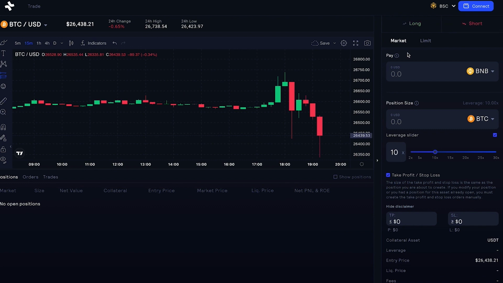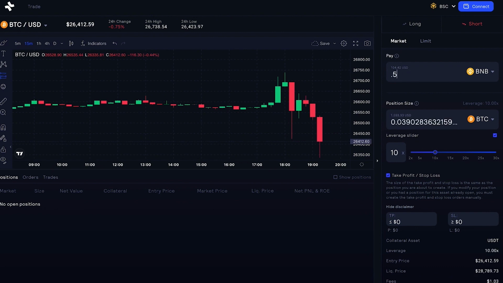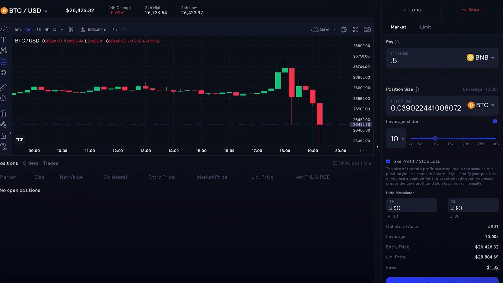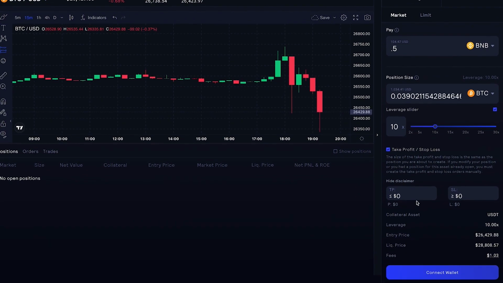So currently, in the last hour, Bitcoin looks like it's on a downtrend. And so if I wanted to take a short position on Bitcoin at a 10x leverage, which means I'm using $1,000, I can set my profit and my stop loss.